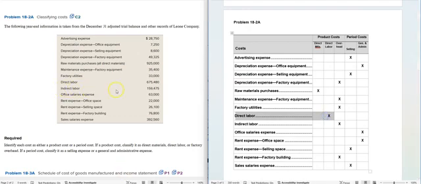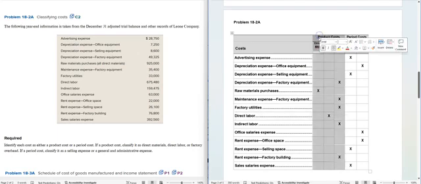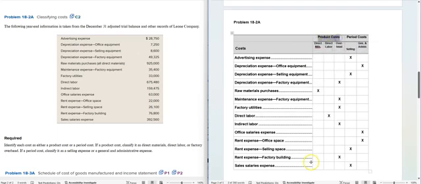But when we look at the indirect labor, again, that is still labor involved in making the product. But the indirect labor are going to be the supervisors. They are going to be the janitorial cleaning crew, right? That indirect labor is a cost of making the product.